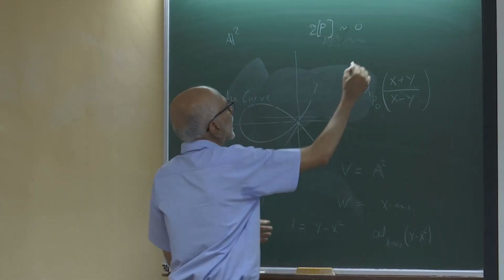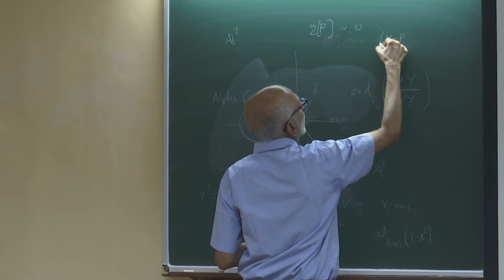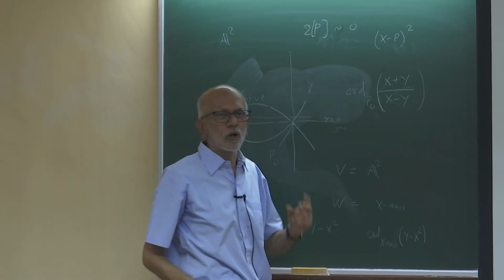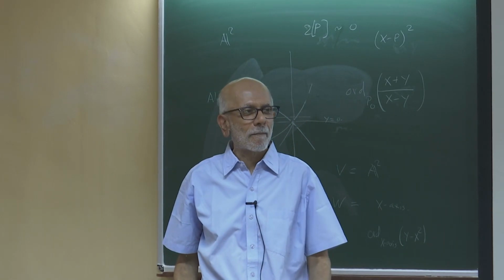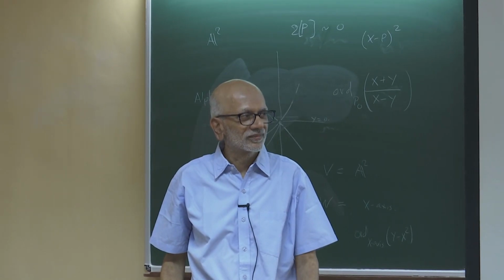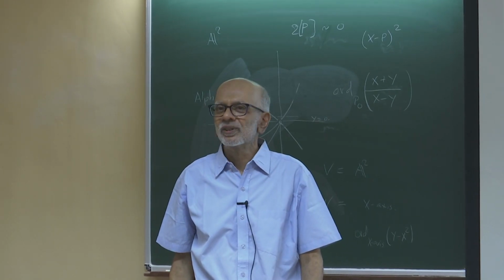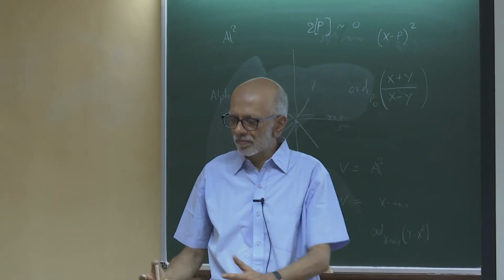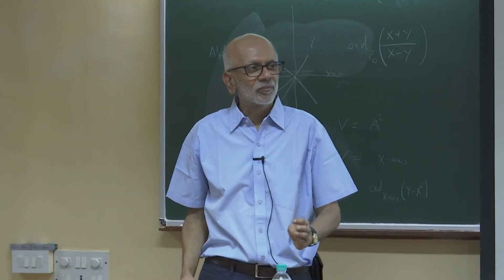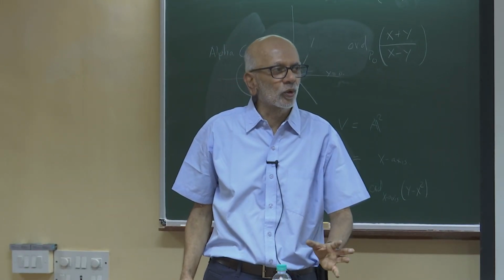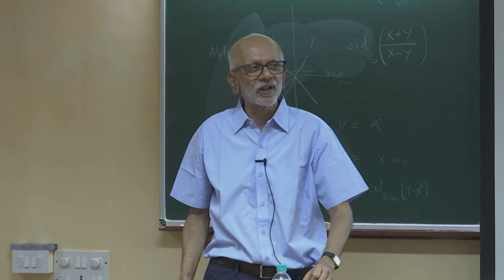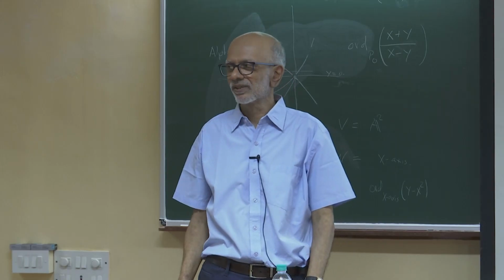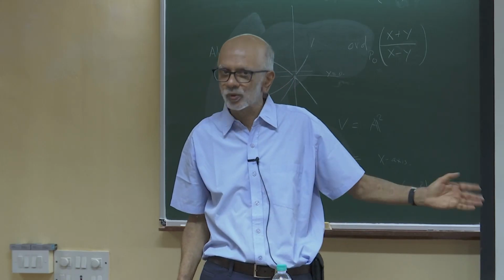Or I could have simply taken the function x minus p squared. It vanishes to order 2 at p. And that therefore will give me 2p. Okay? So I should use cycles which come out of rational functions by looking at where it is 0, that's positive, where it has a pole, that's negative, with coefficient the order of vanishing, which is why we did all this order of vanishing up to now.